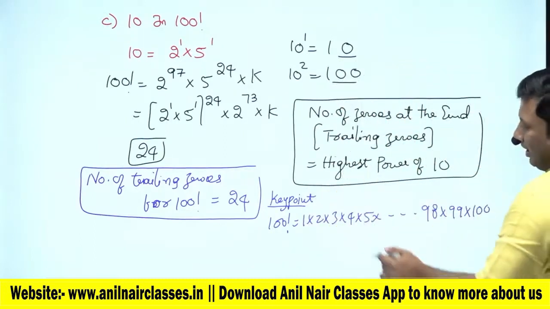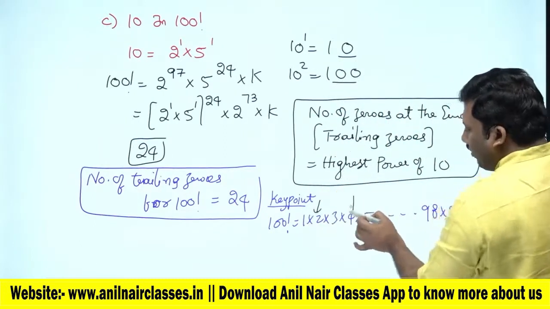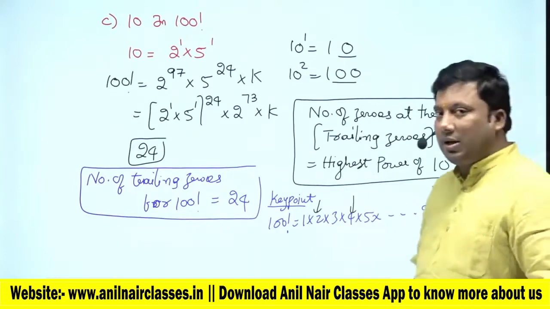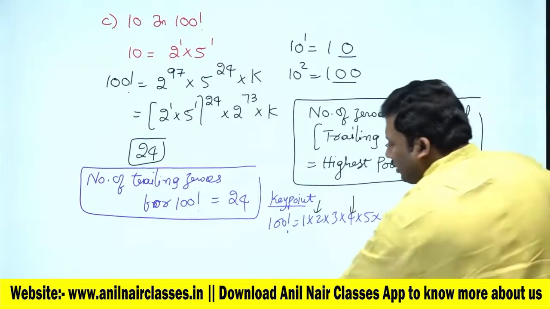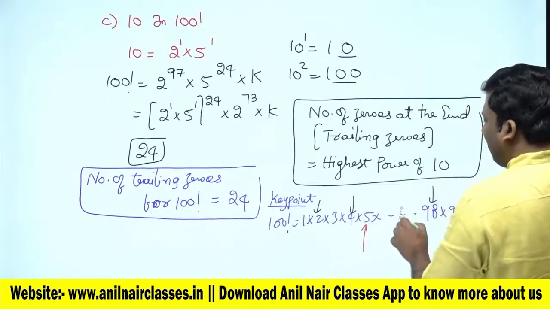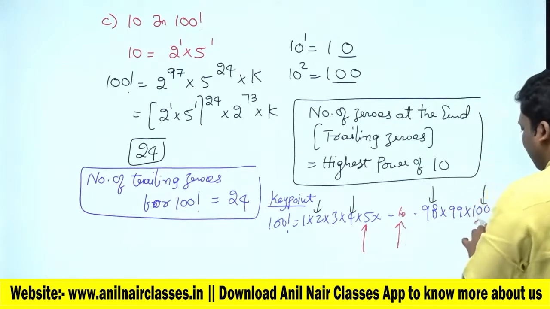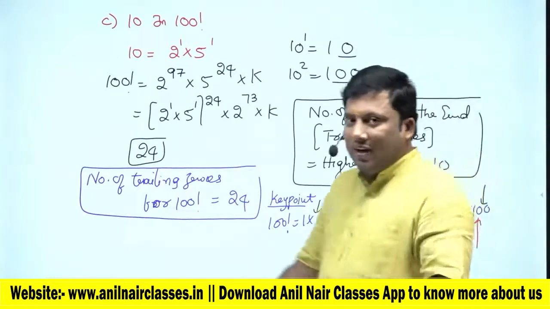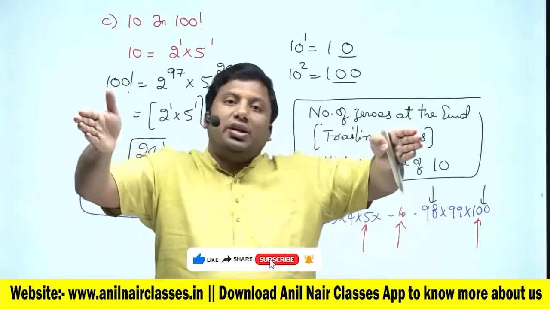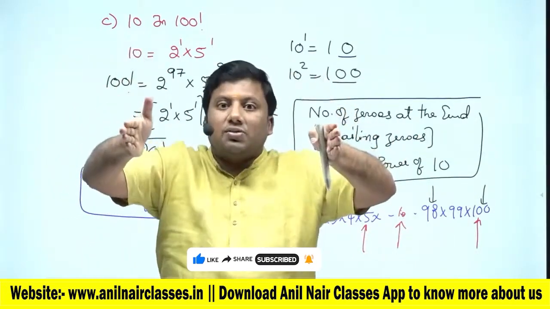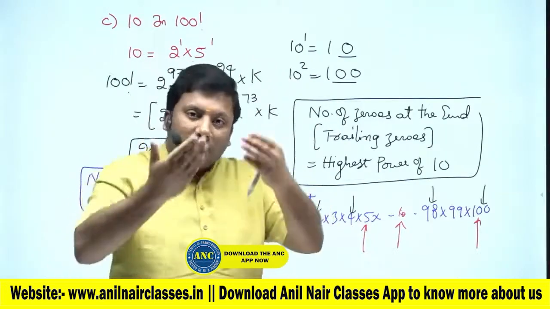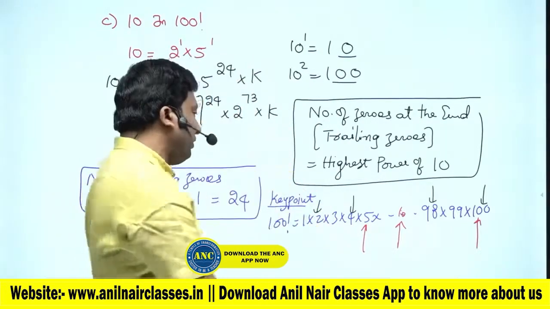Now if you see, every second term is a multiple of 2, and every fifth term is a multiple of 5. There are 100 terms. 50 terms are multiples of 2, but only 20 terms are multiples of 5.